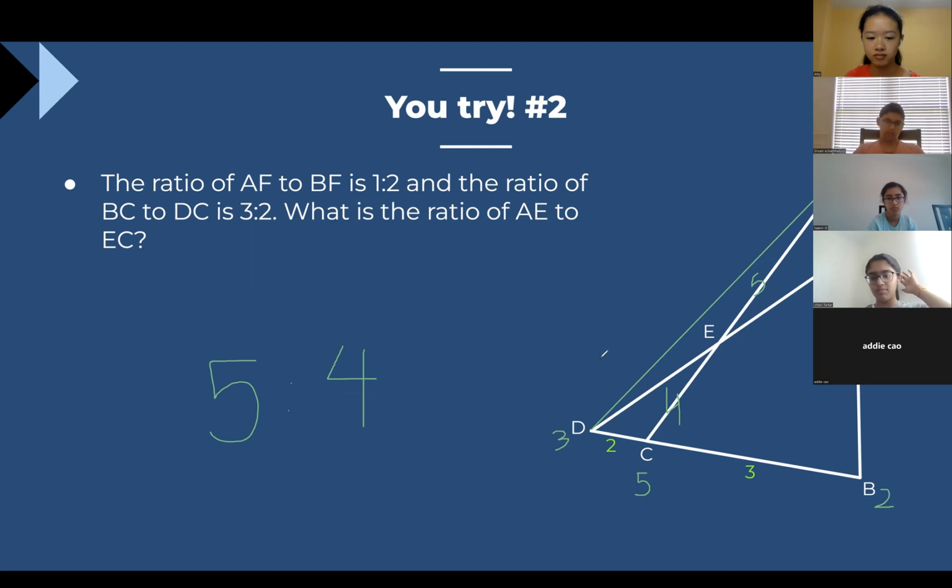Or on the flip side, you put B as 1, and then you got A as 2, and then you added 3 and 2 together rather than getting the mass of D and adding that to the mass of B. So you got 5 for this vertex and 2 for this vertex. Remember that you're adding the masses of the vertices and not the lengths together when you are solving for the fulcrum mass. So keep that in mind.